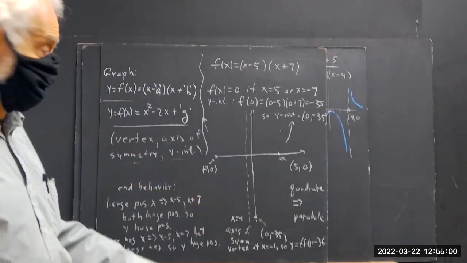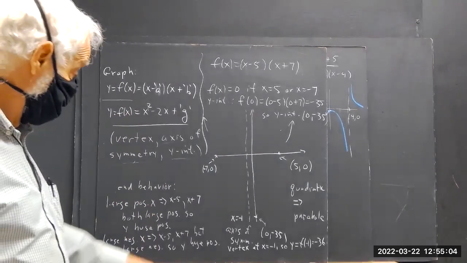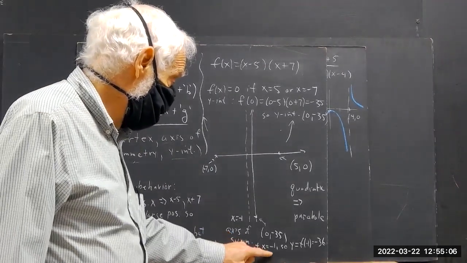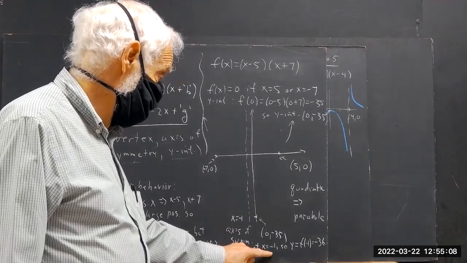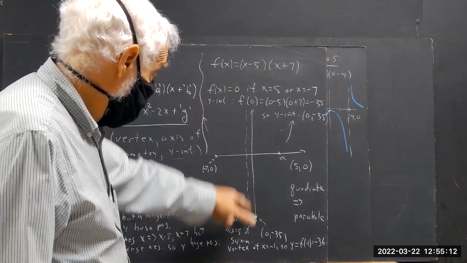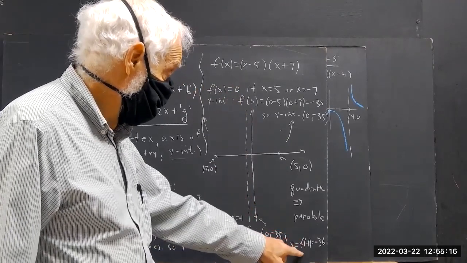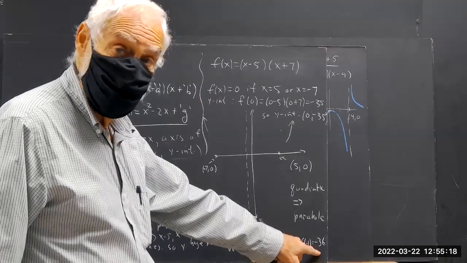We'll discuss it a little further later. The vertex is at x equals -1. To find the y coordinate of the graph on the line x equals -1, we plug in -1 and we get -36.